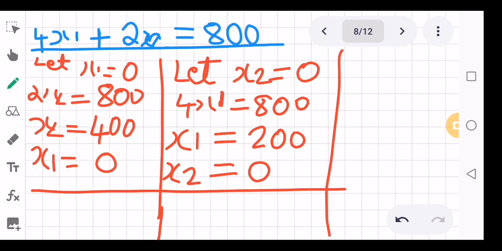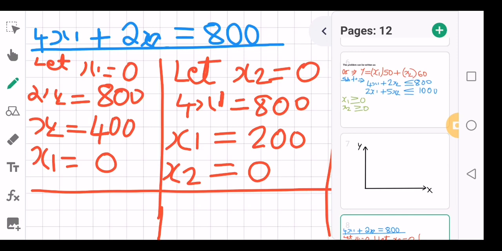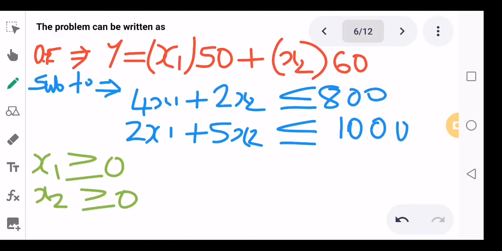Another thing you need to do, in the same way, is for the next equation, that is 2x1 plus 5x2 is equal to 1000. We'll take it as equal to because we are converting it to a linear equation.